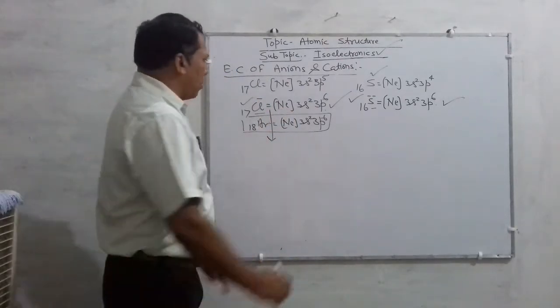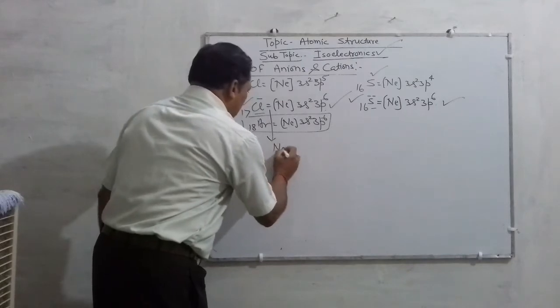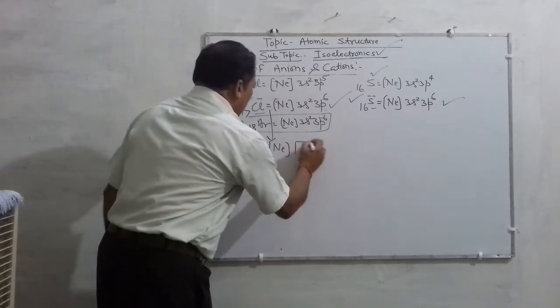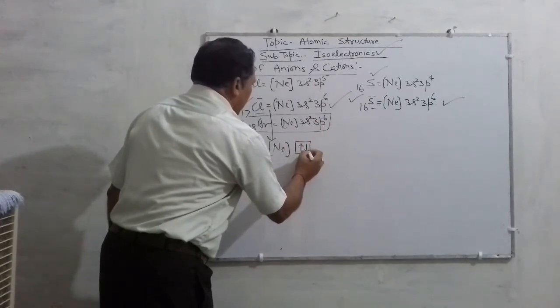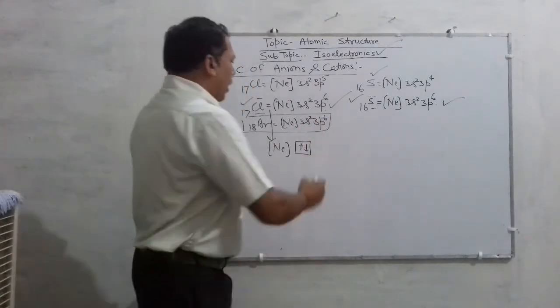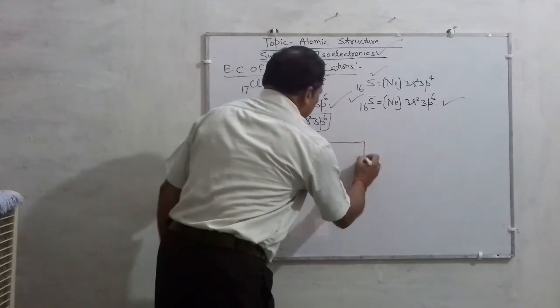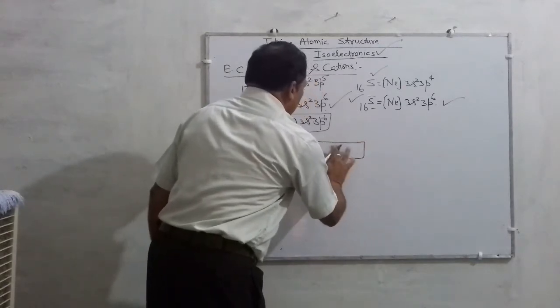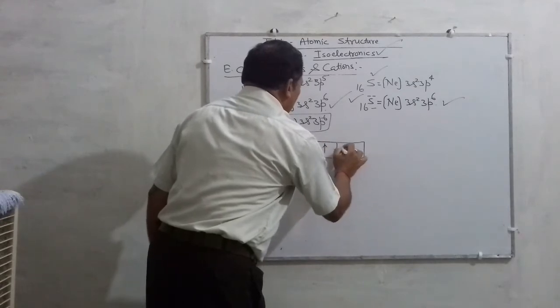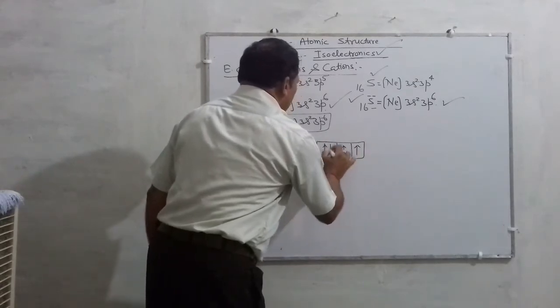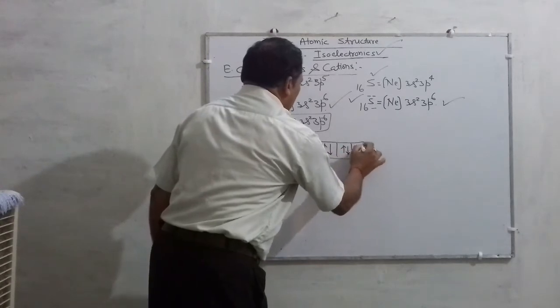And children, for your simplicity, suppose we have to write this configuration on the basis of Hund's rule. So just write neon here, and you know that the s orbital can contain a maximum of 2 electrons, and the p orbital is of 3 types, and they may be represented in the form, first they fill up in a clockwise manner and then going in reverse.